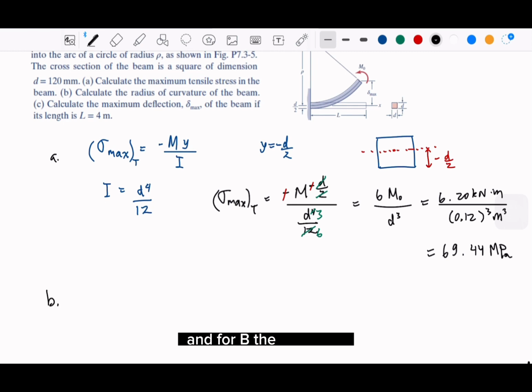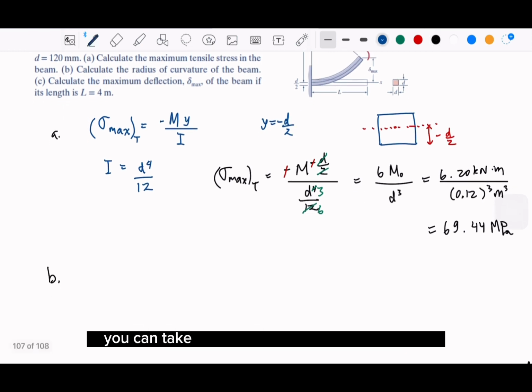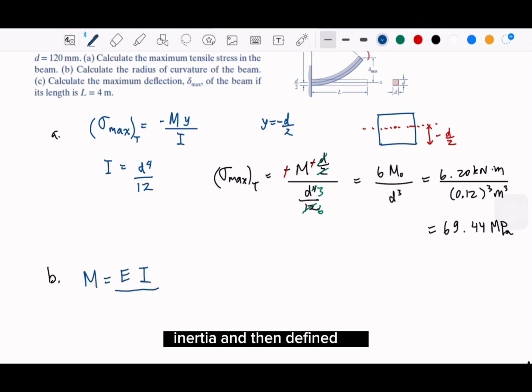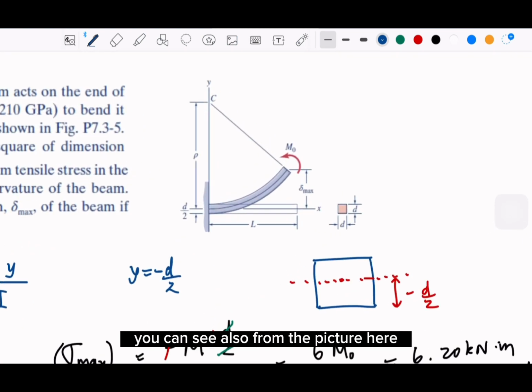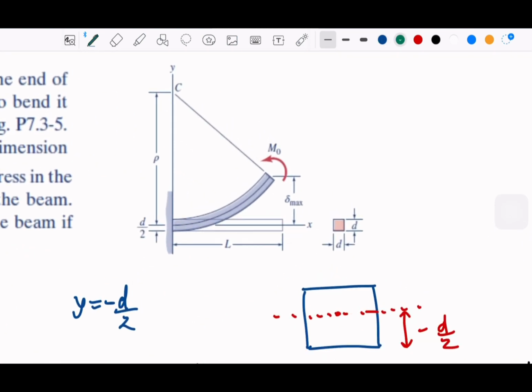And for B, the curvature, the formulation is M is equal to the modulus of elasticity times inertia divided by rho. Rho is the radius of curvature. You can see also from the picture here, this is rho, the radius of curvature.